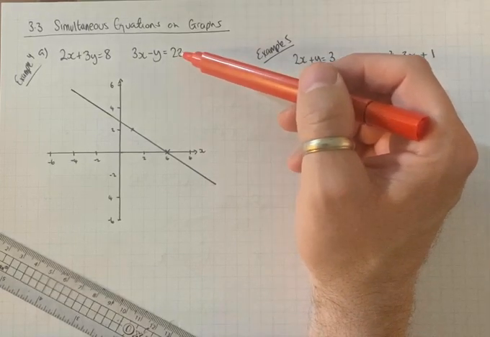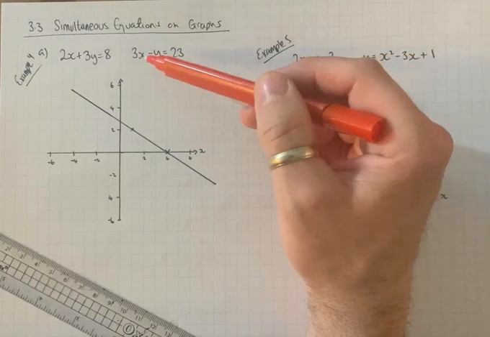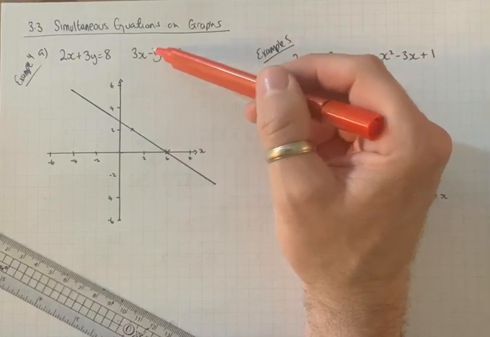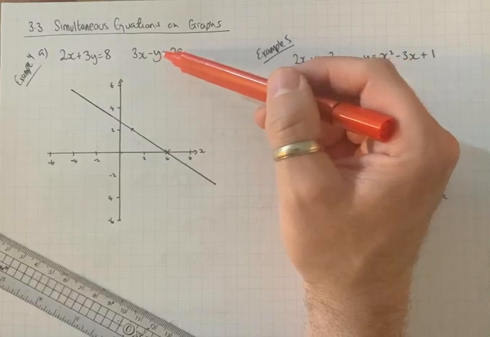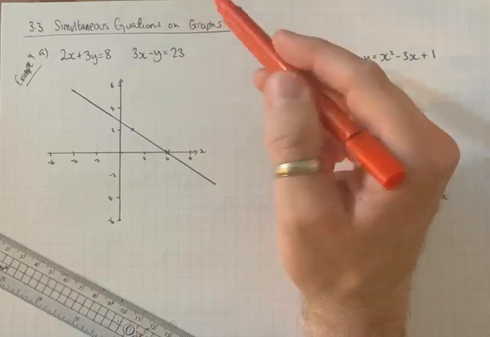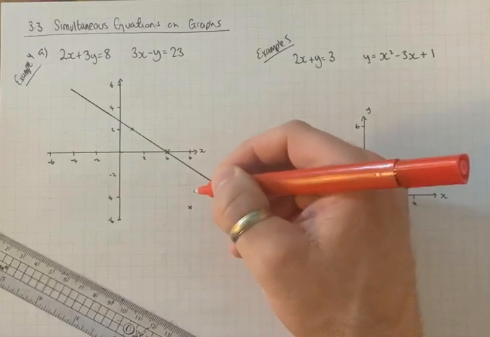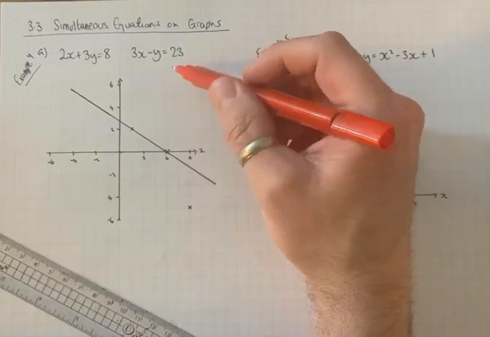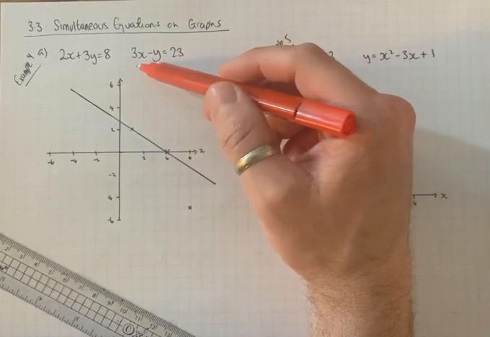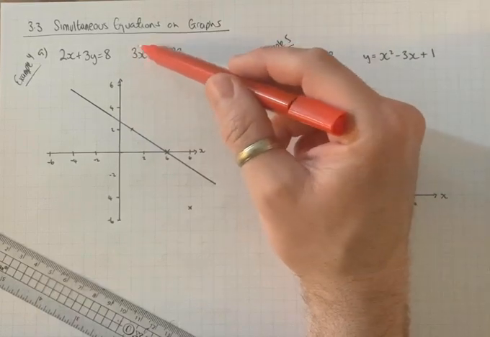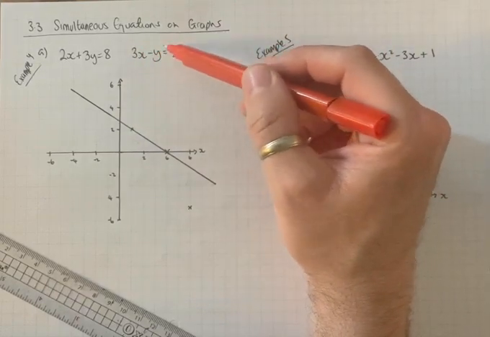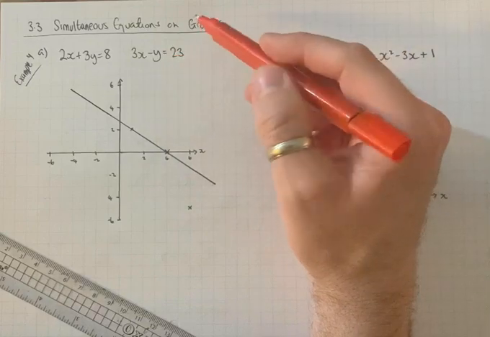What about when x equals 6? When x equals 6, you've got 18, bring that across, y would be negative 5. When x is 6, y is negative 5. What about x equals 8? When x equals 8, you've got 24, minus y is minus 1, so y would be 1.